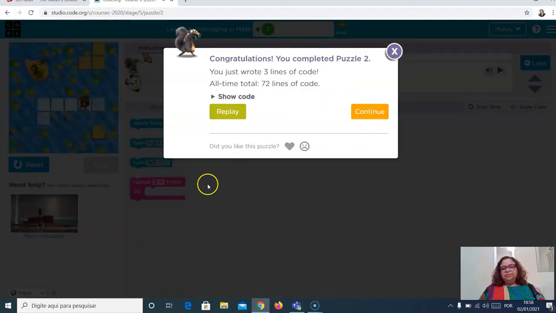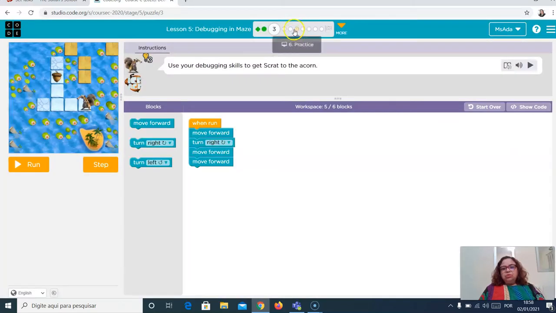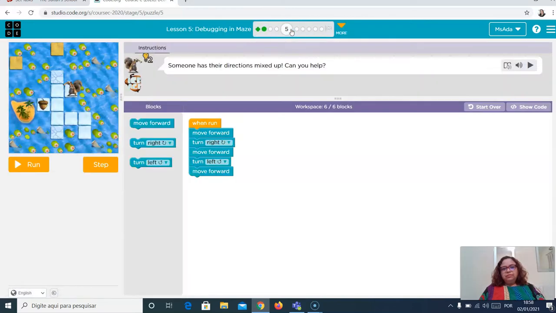Okay. So I love this. I'm going to continue, and I'm going to go to maybe level 5 here. See, level 5 starts to get a little more complicated. Here it says that I need to use 6 blocks, and I'm already using 6 blocks.